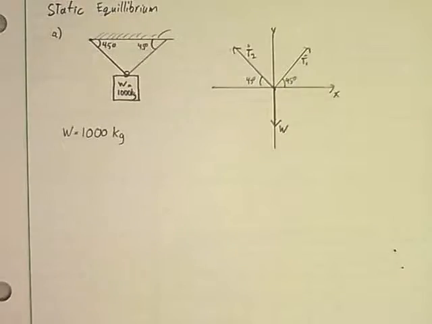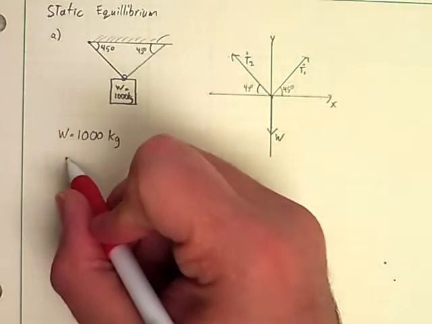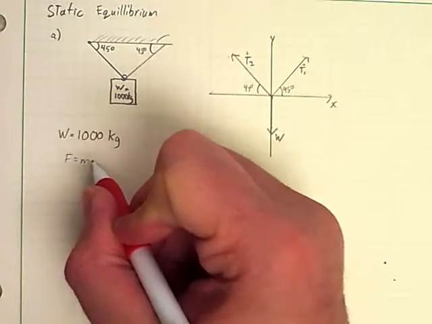But if we're talking about kilograms, we're going to talk about forces. So how do we get force? We have to remember that force is equal to mass times acceleration.